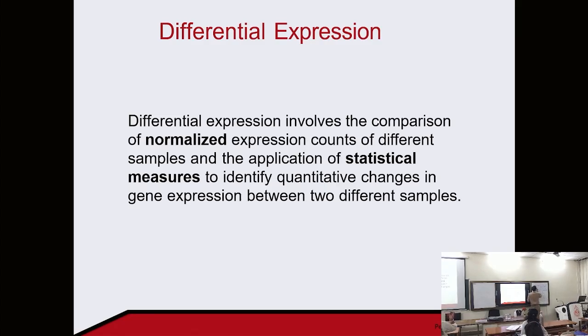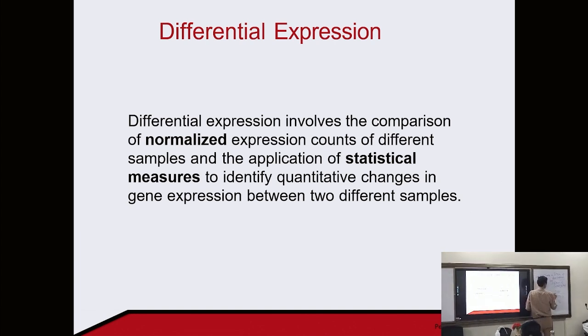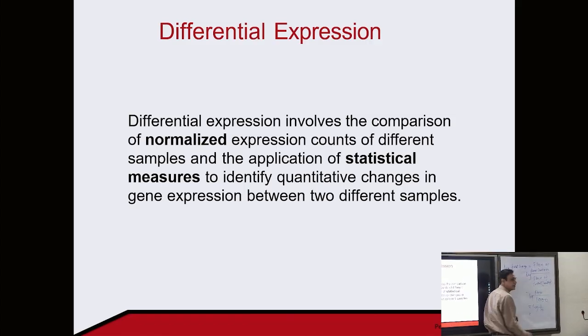If you take a logarithm of this, then you get the log fold change. And what would this be? -1, if this is base 10. Typically it is base 2.